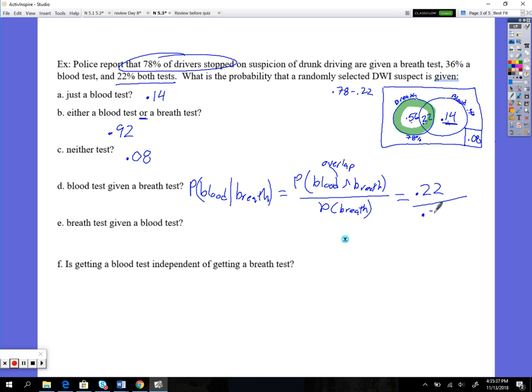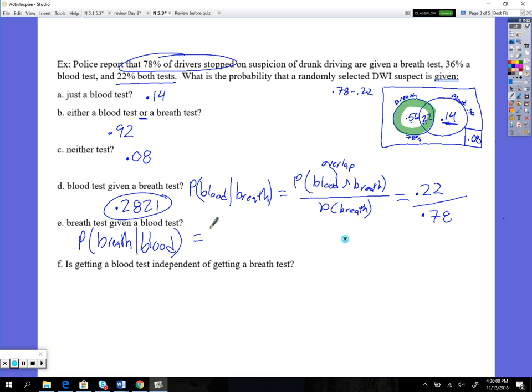So we're taking 0.22 divided by 0.78, and when we calculate that out, we end up getting 0.2821. For the next one, the probability of breath given blood.